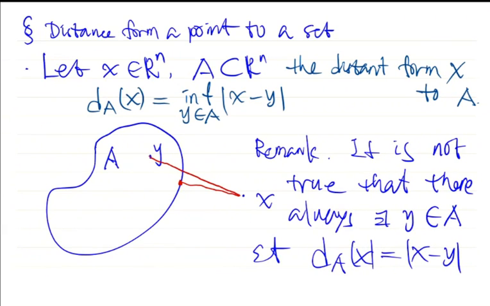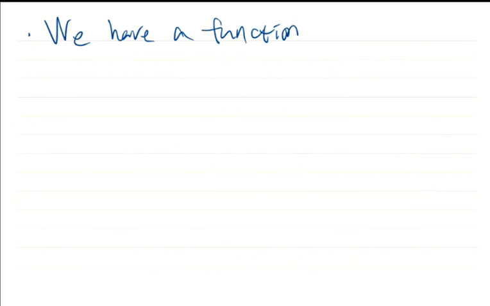Okay. Now, when x takes different values, we can compute the distance from x to A by this definition, and therefore we have a function. This distance defines a new function, d_A, defined on R^n, a real valued function.